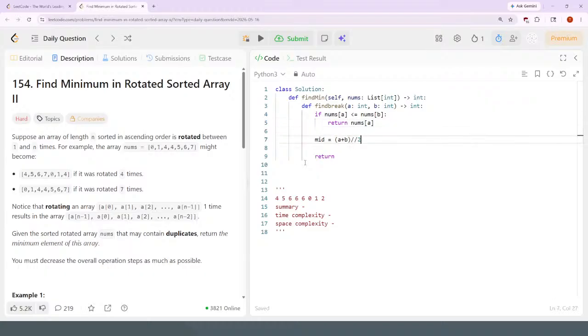And what I did before was return the minimum of find break from a to mid, versus find break from mid plus 1 to b, where a and b are inclusive.